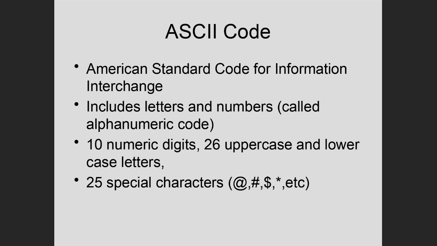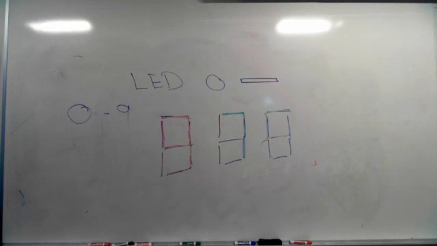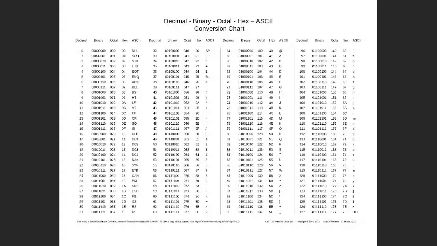Now, the easiest way is for me just to show you. Let me show you what this ASCII looks like. I have a table that I can show you. So here is ASCII code. Since we studied binary, octal, and hex, now you know about that.